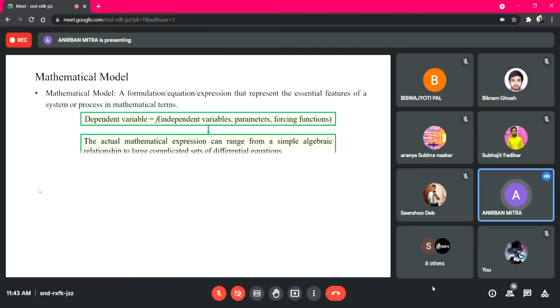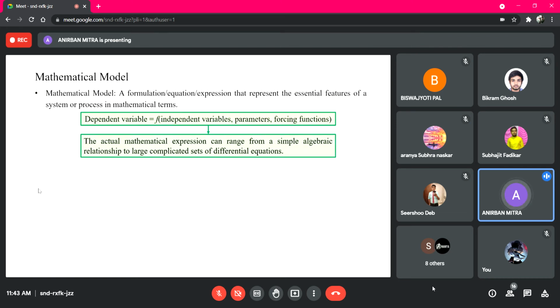Now, obviously, that is a general expression. The actual mathematical expression could be something very simple, an algebraic relationship, or it could be something very complicated, complex, with a large number of differential equations in a single set. It depends on the complexity of the system.